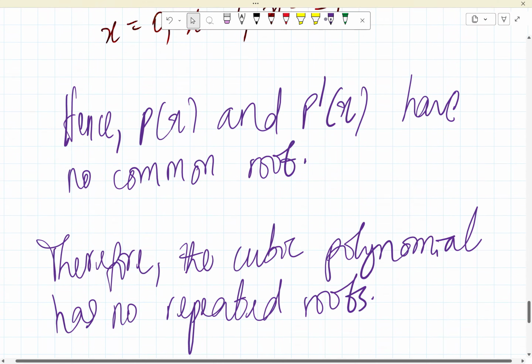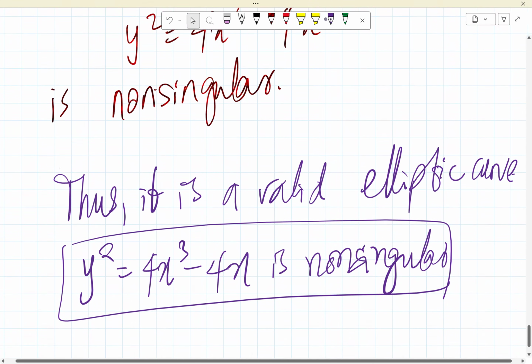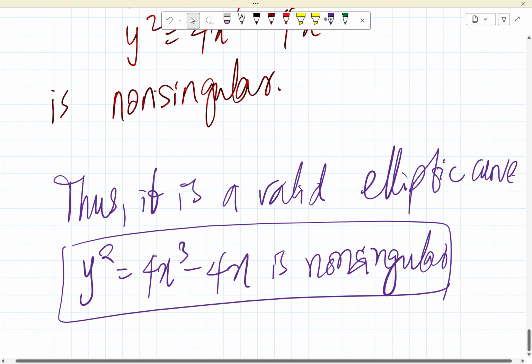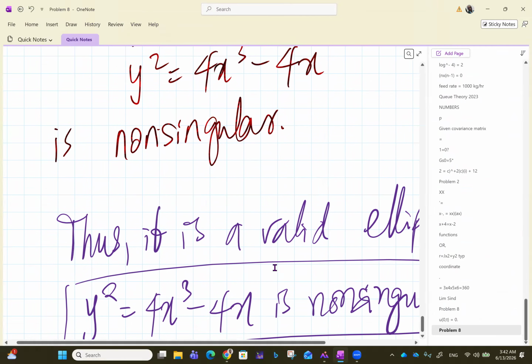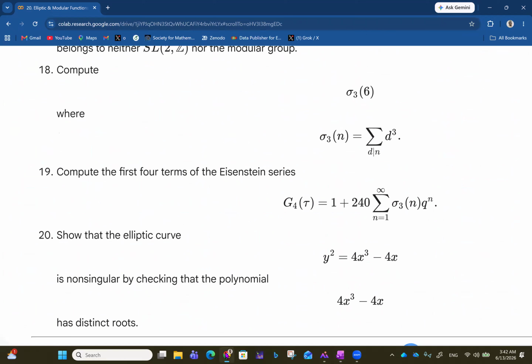So it has distinct roots, and the derivative has no roots coinciding with the original. And with this, we come to the very end of this 20th video on special functions. So I'm going to flash the questions and then call it a day.